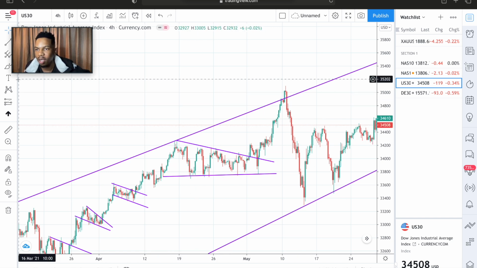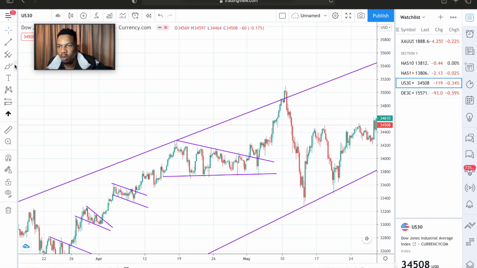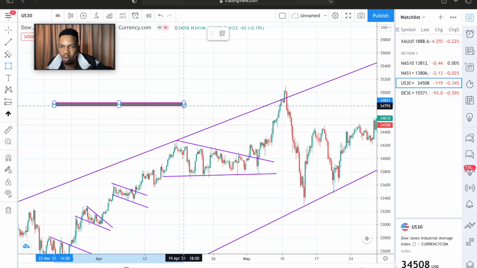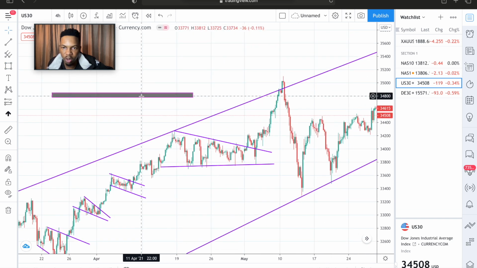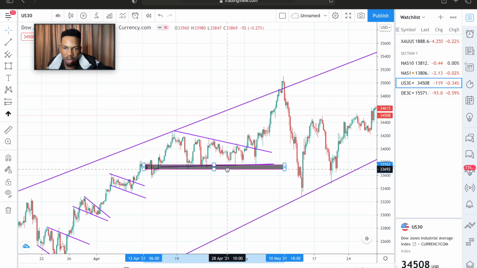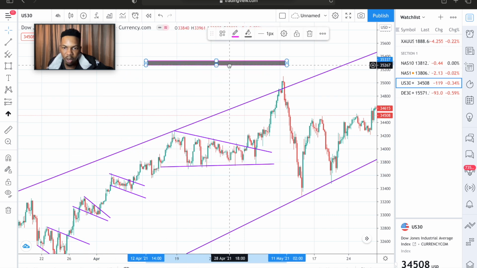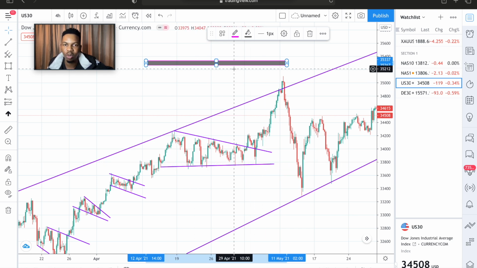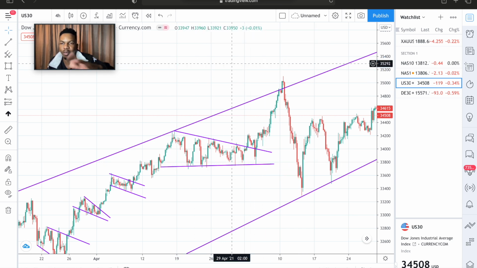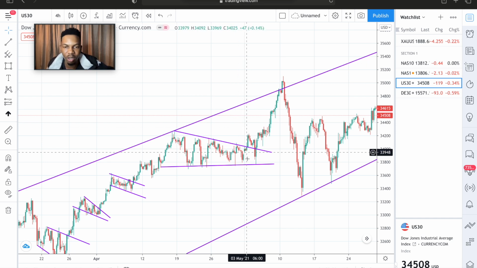If we were to draw a rectangle like this, this would be your support. But now, because it's a trend line, moving higher and higher slightly, it's adapting to the formation of the setup, so to speak.